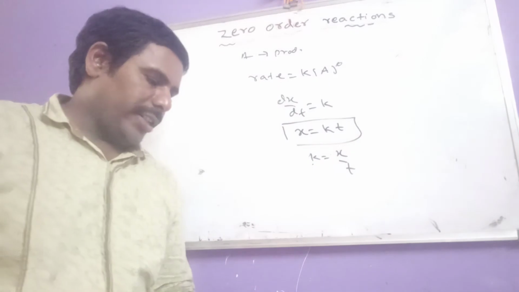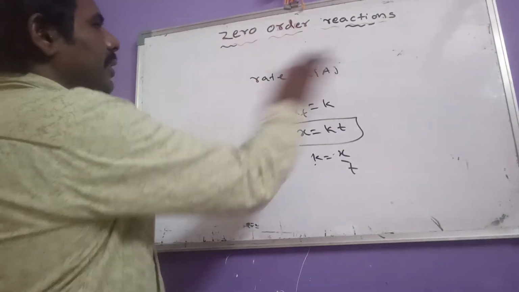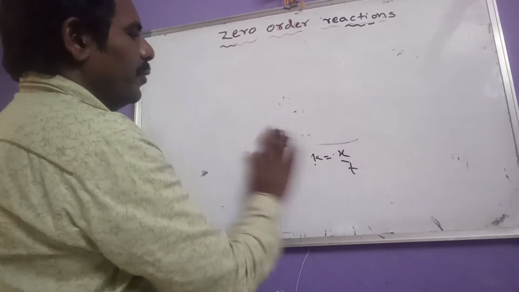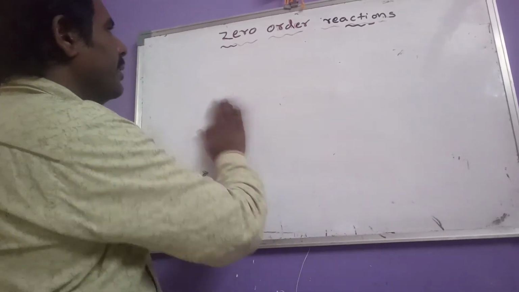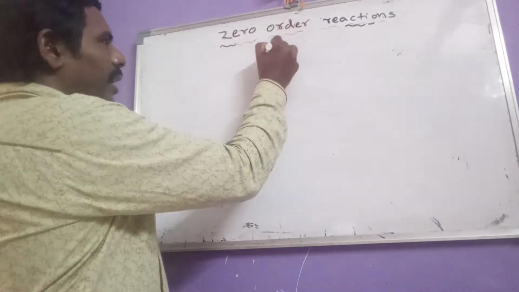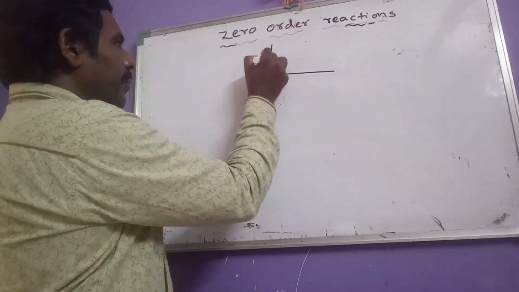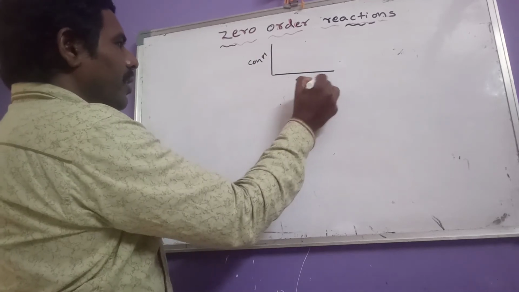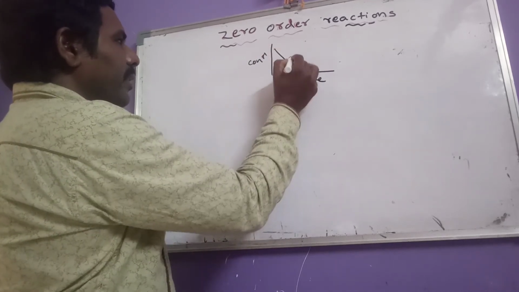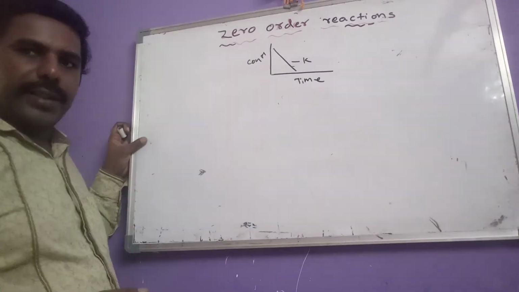Now let us see the characteristics of zero order kinetics. Concentration decreases linearly with increase of time. That means it has a negative slope, which is minus k.